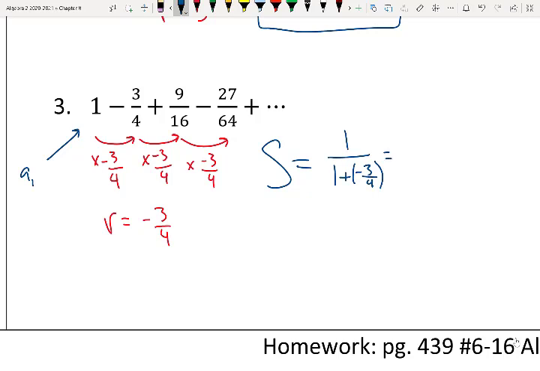Here I have to subtract a negative, which is like adding the opposite, adding a positive. So this is 1 over 4/4 plus 3/4, which is 1 over 7/4. To simplify that, I'm going to flip to multiply. I multiply by the reciprocal, so this just becomes 4 over 7. My sum is 4 over 7.